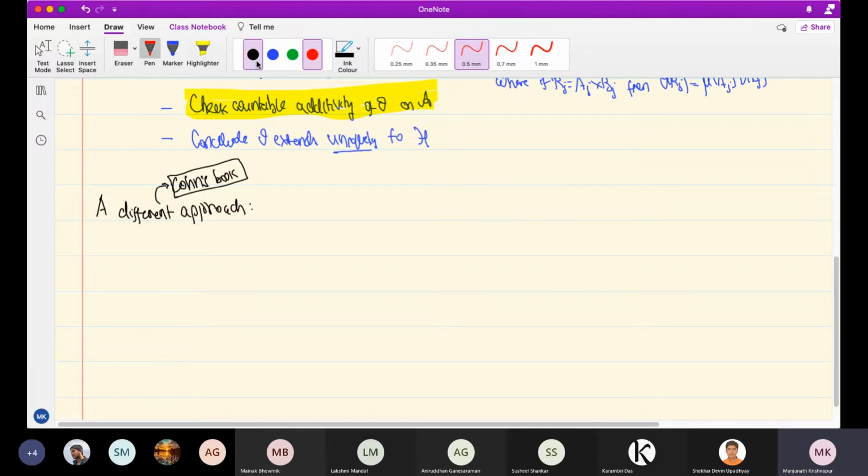So let's write down the setting here. So we have X, F, mu; Y, G, nu; and Z, H. The question is what to put there. And these are finite measure spaces.